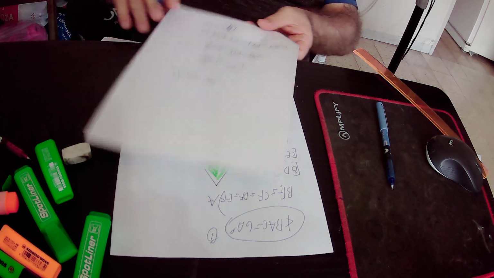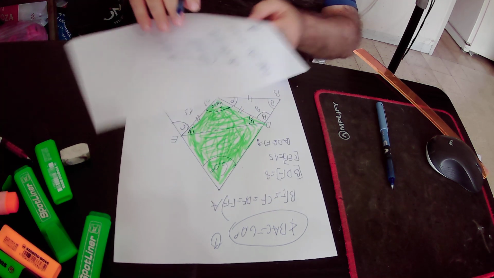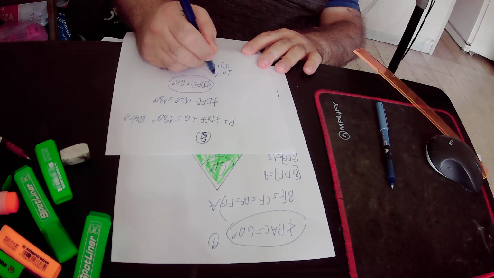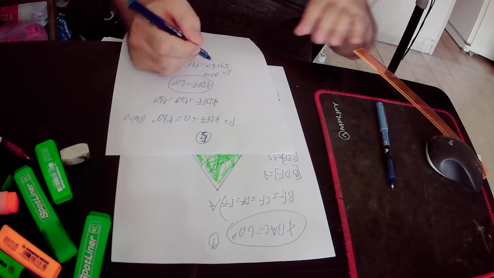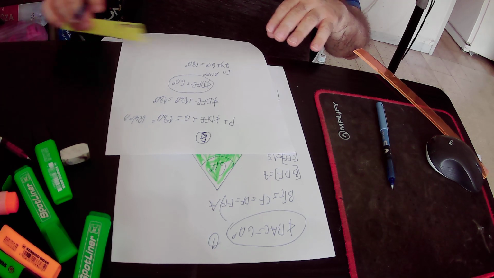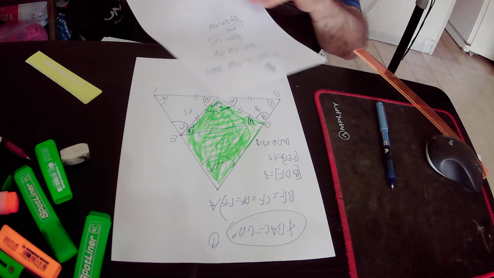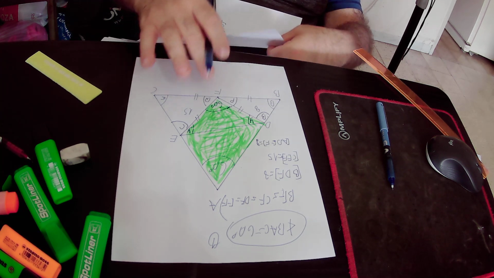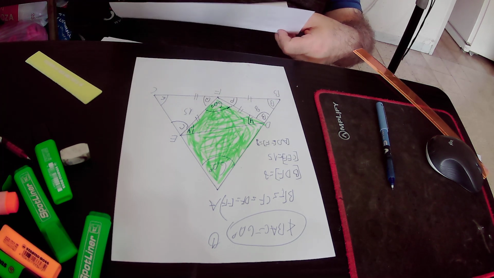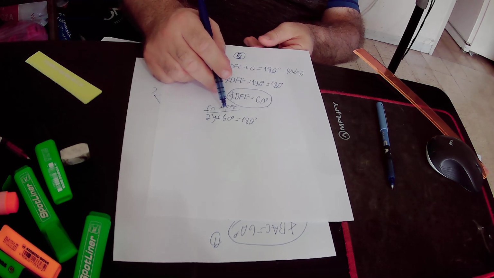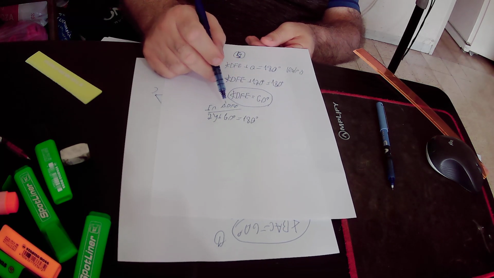Again, in triangle DFE, the sum of the angles equals 180 degrees. That is to say, 2y plus 60 degrees equals 180 degrees.